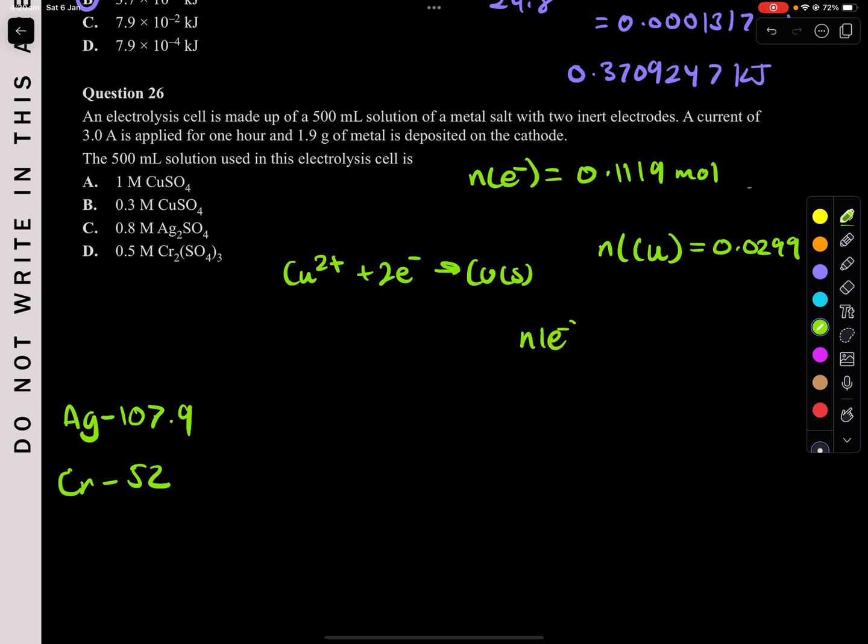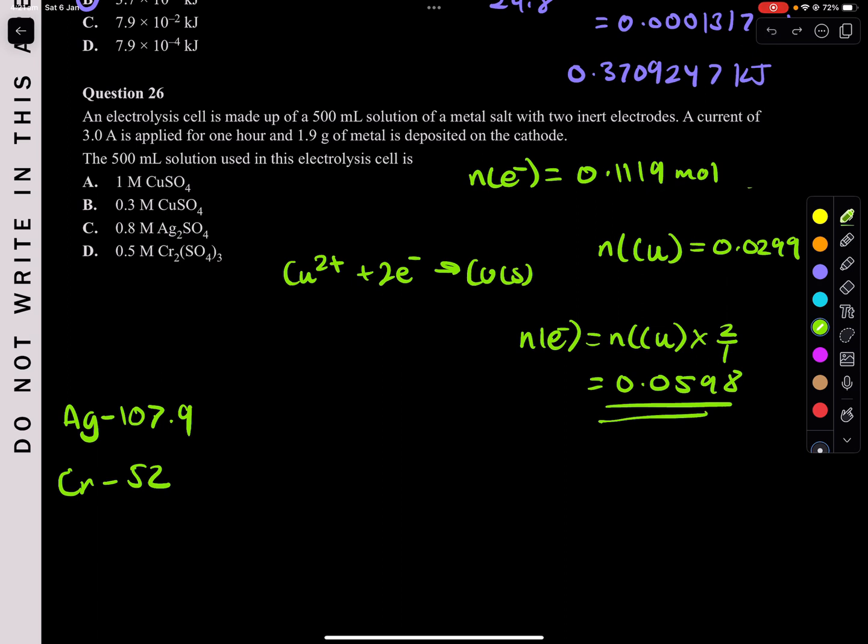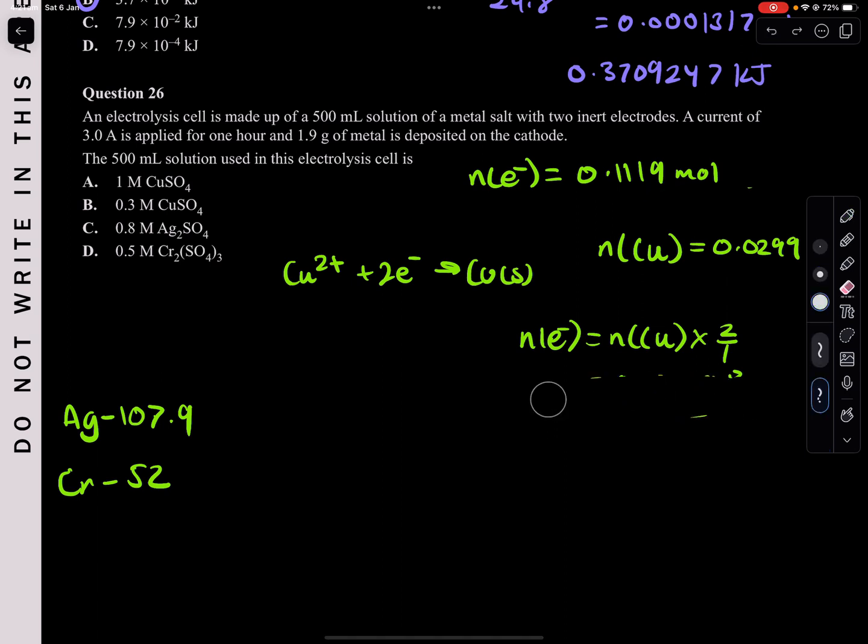It's going to be the number of moles of copper times the ratio, which is 2 to 1, so that times 2. That gives me 0.0598, which is not the same as this. So it cannot be copper.